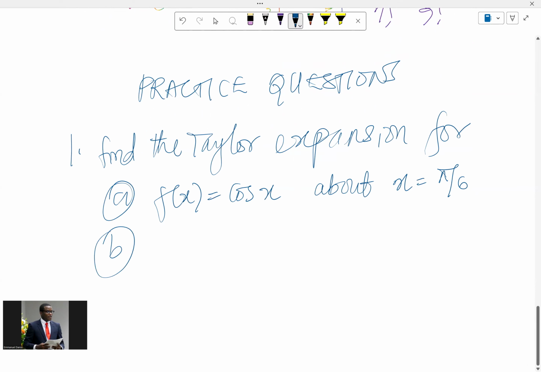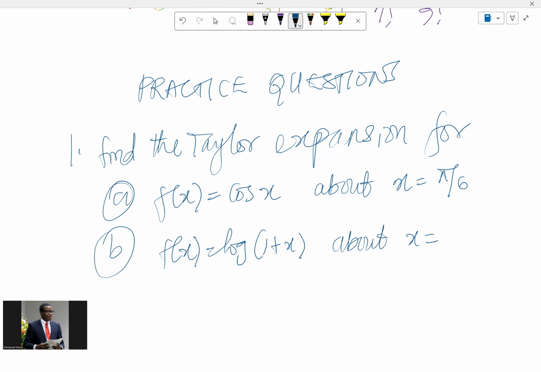Then b, f of x equals log 1 plus x, about x equals, what can we take? Let's say x equals 1. Yes, let's do that. That'll be log 2. Okay, so let's say x equals 1 for that.